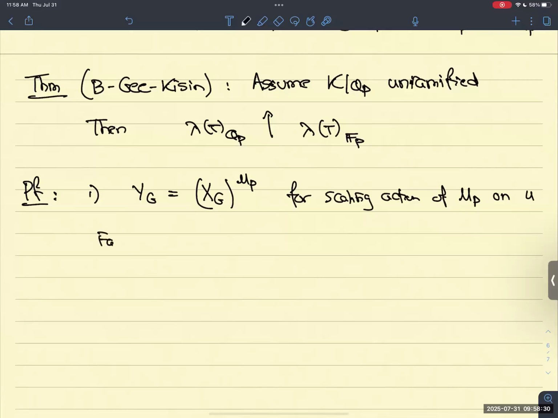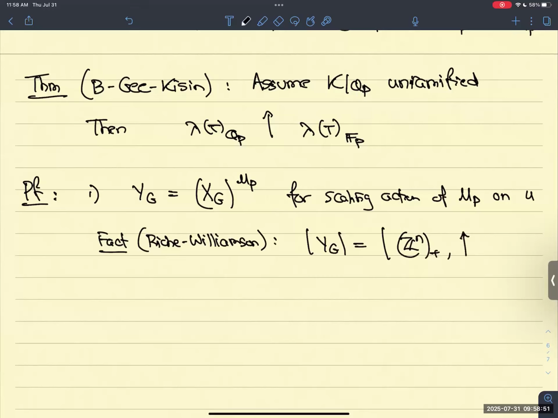And the fact, which we used a lot of work by Riesch and Williamson to prove, is that the topological space underlying YG has the same underlying set as before, but with the up arrow relationship.